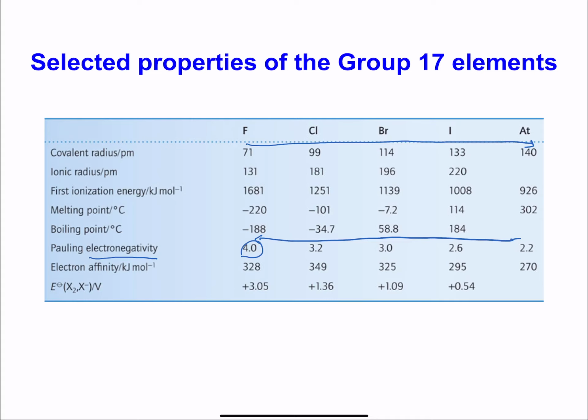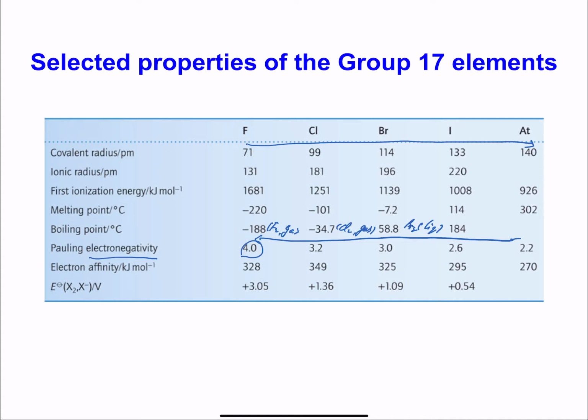And then we have the melting point. F2 is a gas. Chlorine is a gas. Then bromine is a liquid.